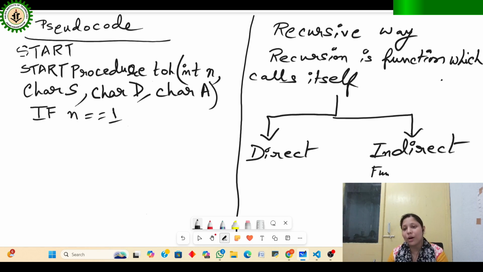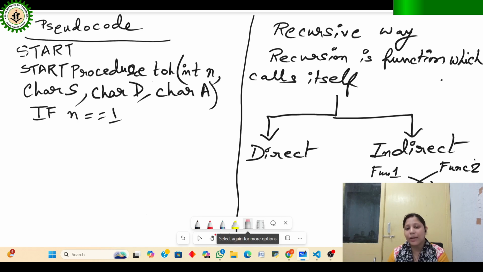Function 1 will call function 2, and the function residing inside function 2 will call function 1. This is indirect recursion. This is moving like an infinity symbol.